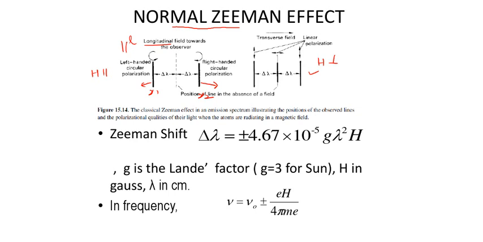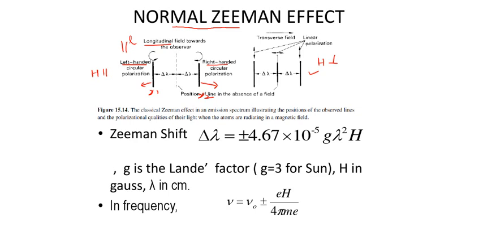The difference is that if the left line is left-handed circular polarization, the other one will be right-handed. Circular polarization can be either left-handed or right-handed. I hope you remember the levorotatory and dextrorotatory nature of organic molecules when you discussed polarization. So one is levo polarization, and the other is dextro type circular polarization.